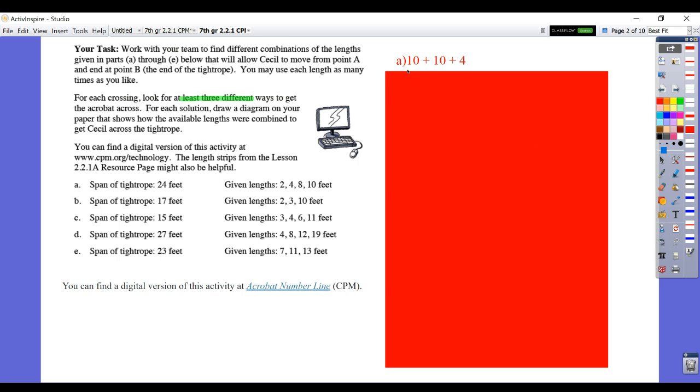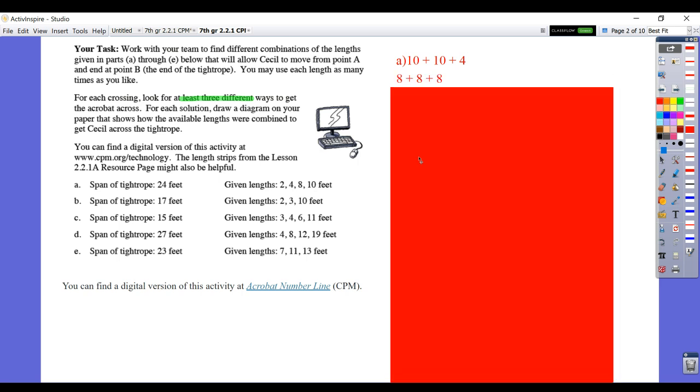You could do something as simple as 10 plus 10 plus 4, because you don't have to use all of the lengths, all right? Or 8 plus 8 plus 8, or 8 plus 10 plus 10 plus negative 4, all right? So if you go forward 8 and then forward another 10 from there, you'd be at 18. If you go forward another 10 from there, you'd be at 28.